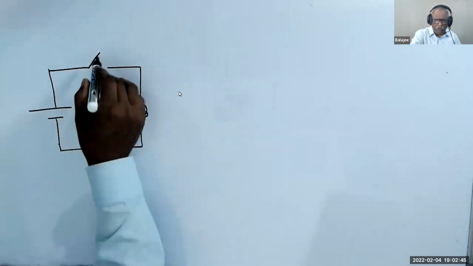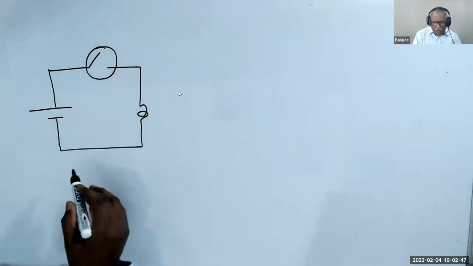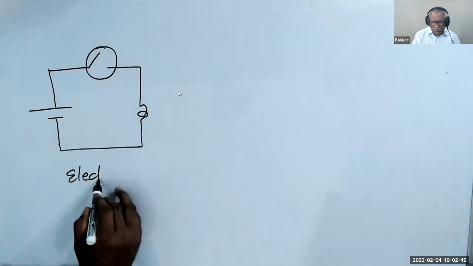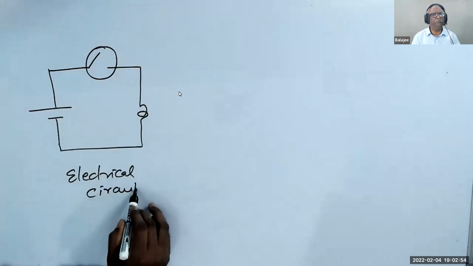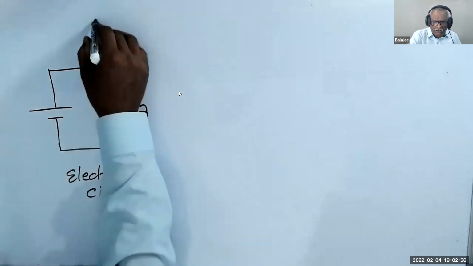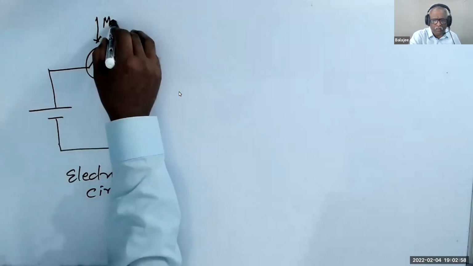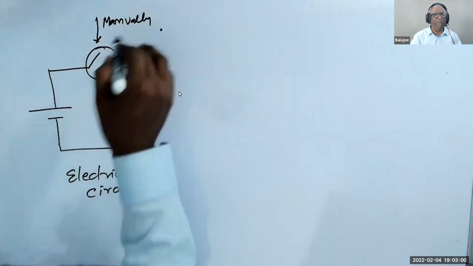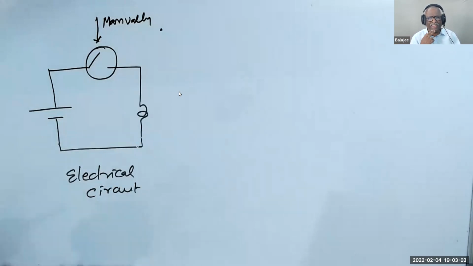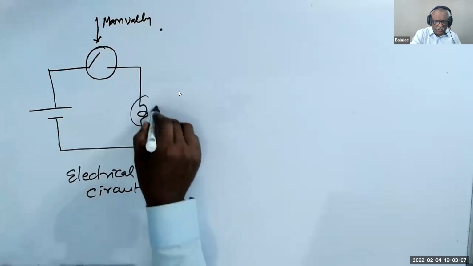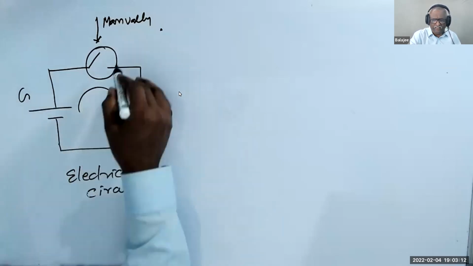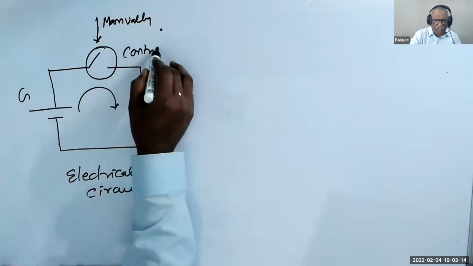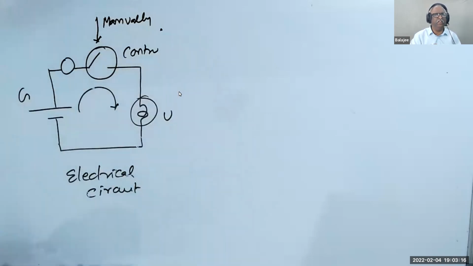We all know that, and you control this switch manually. That's what we have at home. This is the application of electrical: generation, transmission, utilization, and this is control. We can also have a meter here, for measurement.